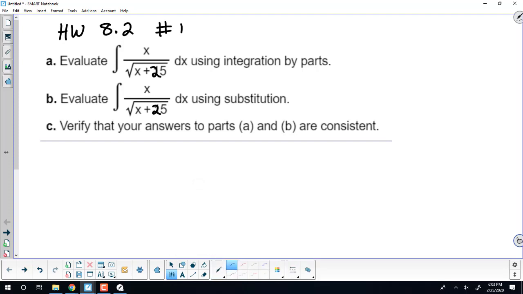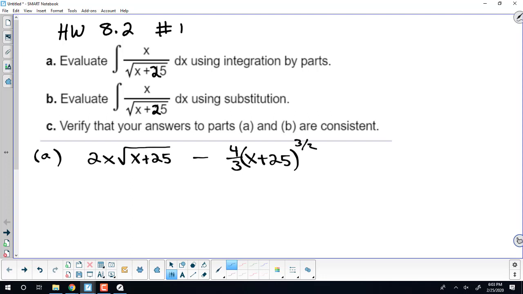So part A. It was 2x times the square root of x plus 25 minus 4/3 times (x plus 25) to the 3/2, plus C. Okay. That was it.